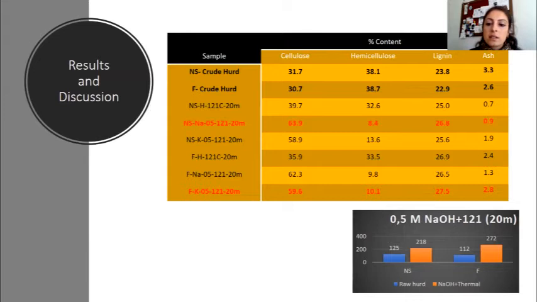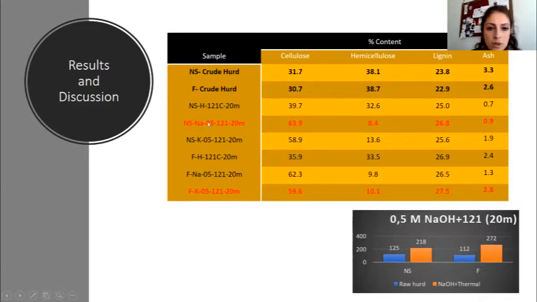In the chemical structure analysis, we see that Narlisarai crude hurd and Futura crude hurd really increased. It's very good, seen here.